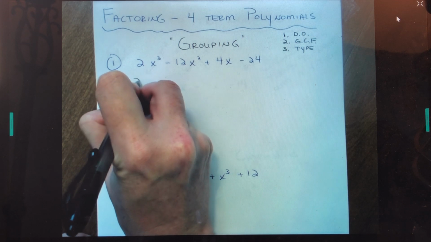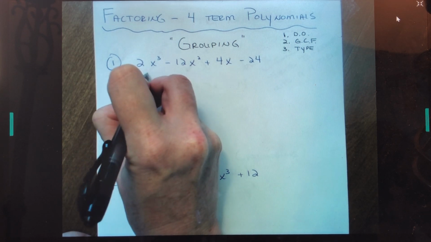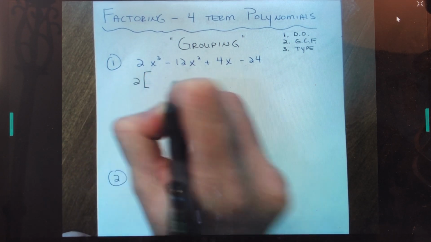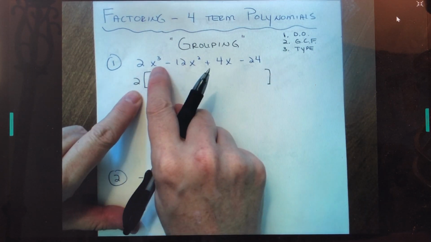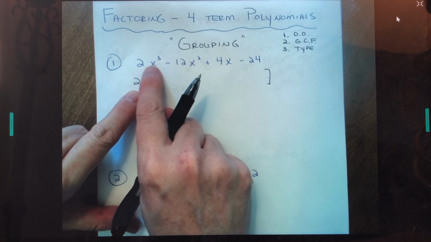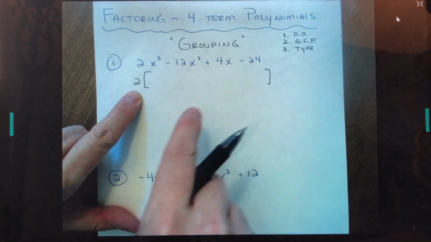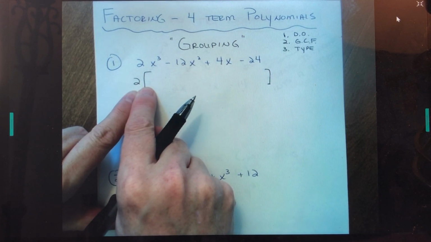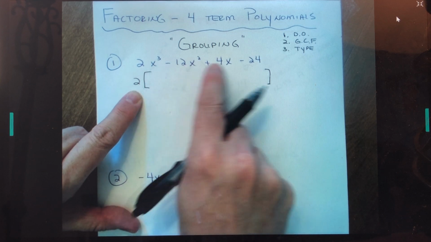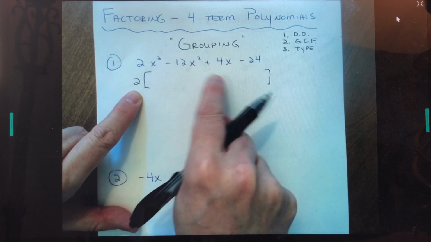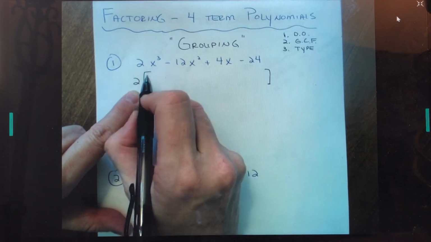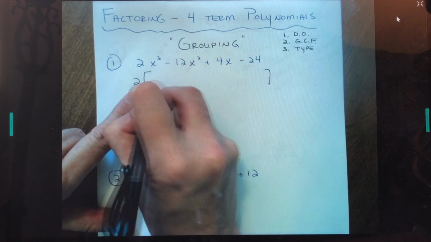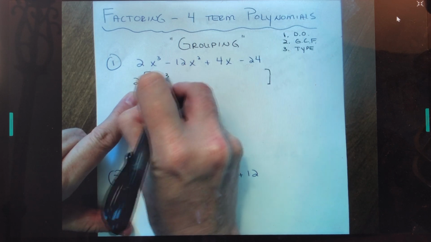So let's pull that 2 out front, and then I'm going to go ahead and put some brackets here. Recall that when we factor out that 2, it's as if we're dividing each one of these terms one at a time by that GCF, and the result of that division will be the portion of that term that remains inside of these brackets or parentheses. So if I pull the 2 from this first term, I'm going to be left with an x cubed.